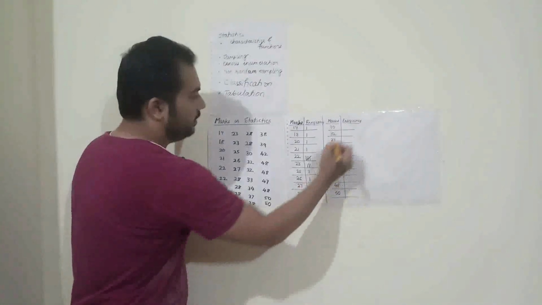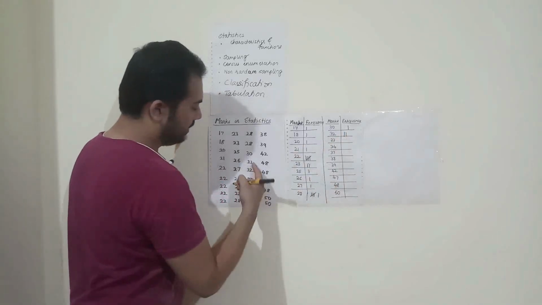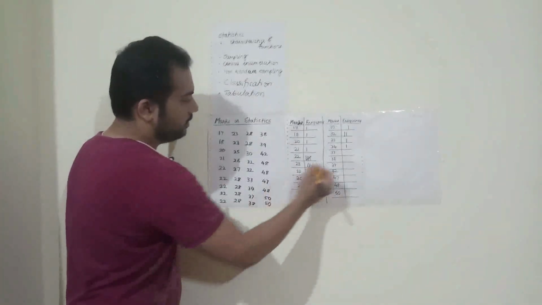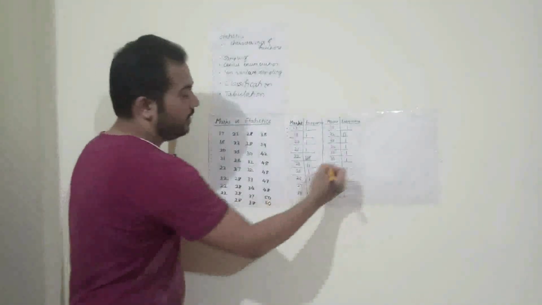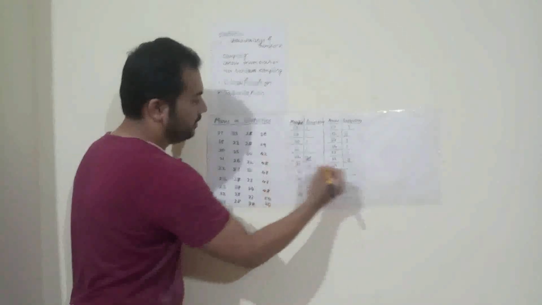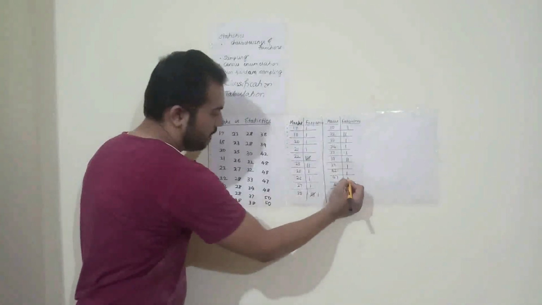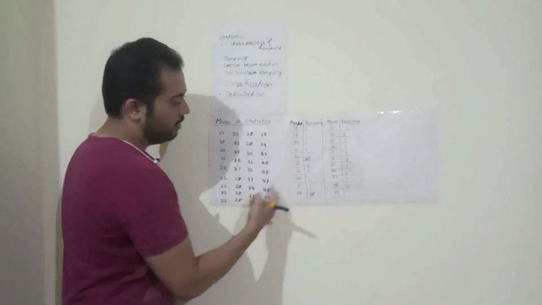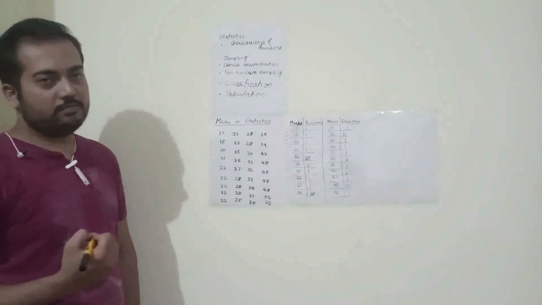Then 30 is 1, 32 is 2 tally marks, 33 is once, 34 is once, 37 and 38. 38 is found 2 times, 39 is once, 42 is once, 47 is 1, 48 is 3 times, and 50 is twice. So this way we have calculated the frequency.